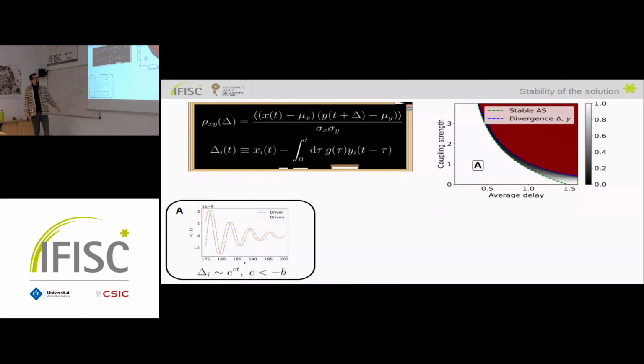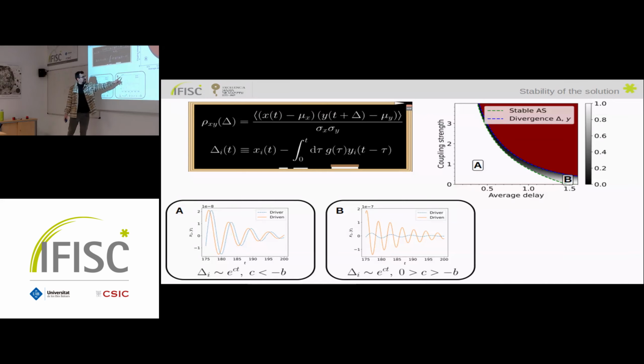And now, of course, there is no longer anticipated synchronization. However, since both x and y are going to 0, this term over here still approaches 0, but now at a slower rate.